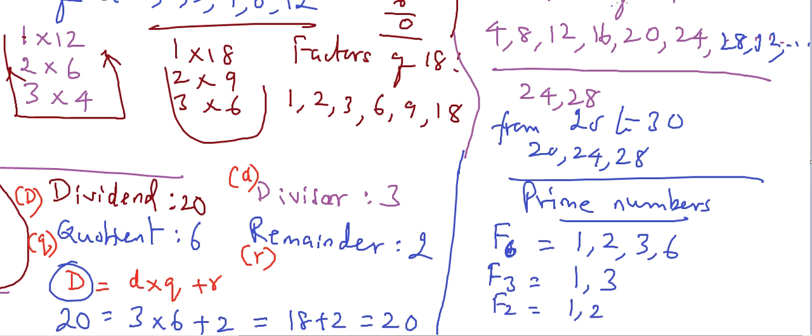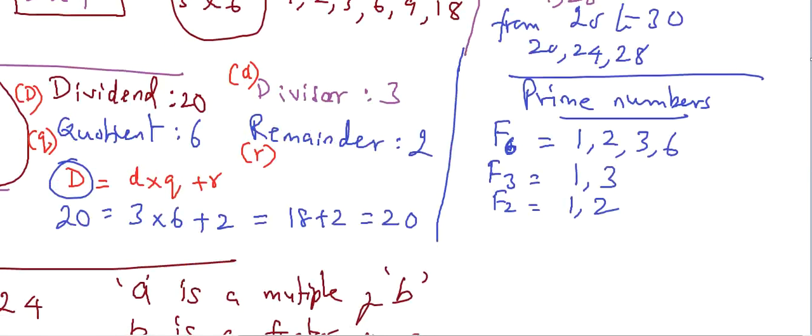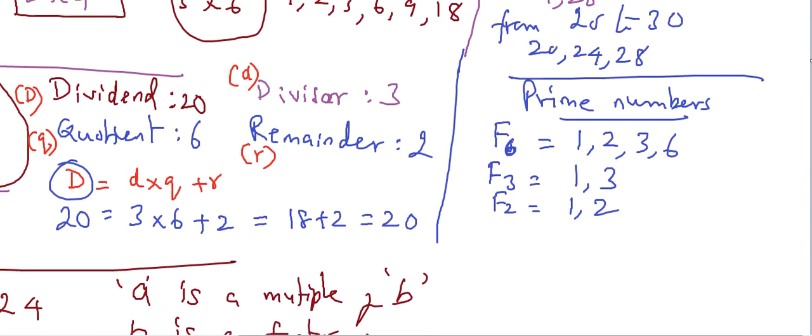So 2 and 3 are prime numbers, because 2 has exactly 2 factors, and 3 also has 2 factors.